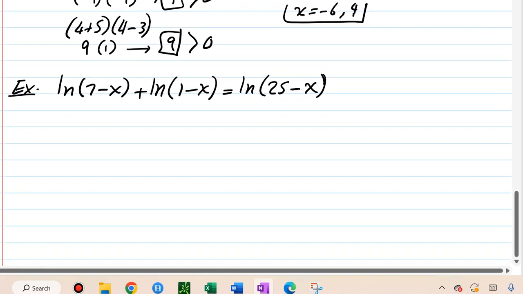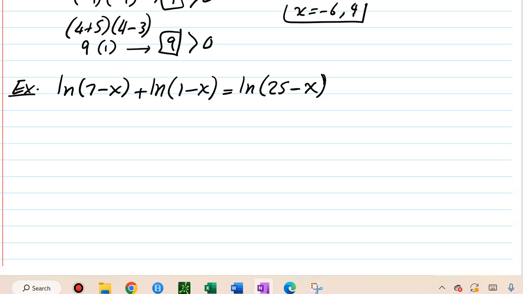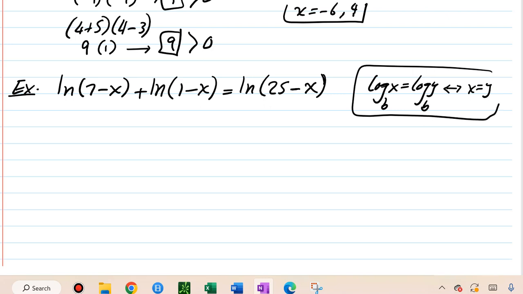Now, for this one, again, we have the one-to-one property of logarithms, the principle of logarithmic equality, that tells us this: if two logs with a common base b are equal, then x and y must be equal. Now, the way this principle looks, it looks as if I can cancel the logs on both sides, and then I get x equals y, doesn't it?